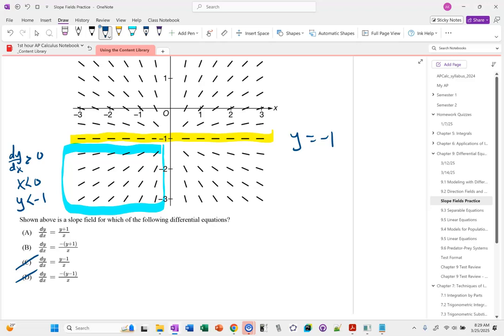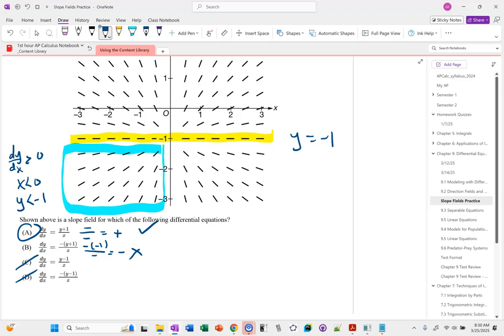So if I do that here, I'm going to get negative over negative, which should be a positive, which matches what we see. If I do it here, I'm going to have negative of a negative over a negative, which should be negative. That's not what we want. I want A. Is everybody kind of seeing what I'm doing there?